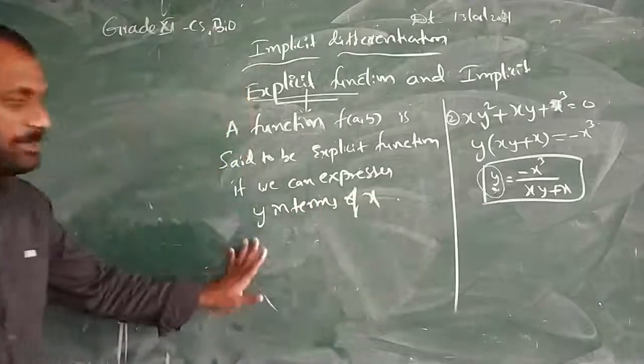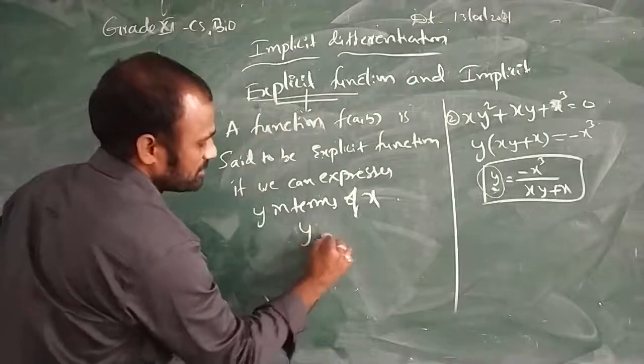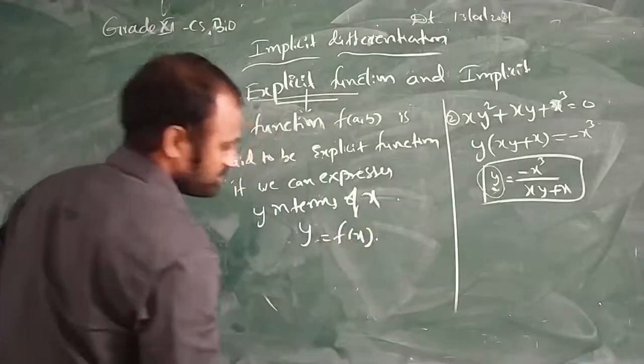So in the first example, I have expressed y in terms of x, so I can call it an explicit function. That is y is equal to f of x.